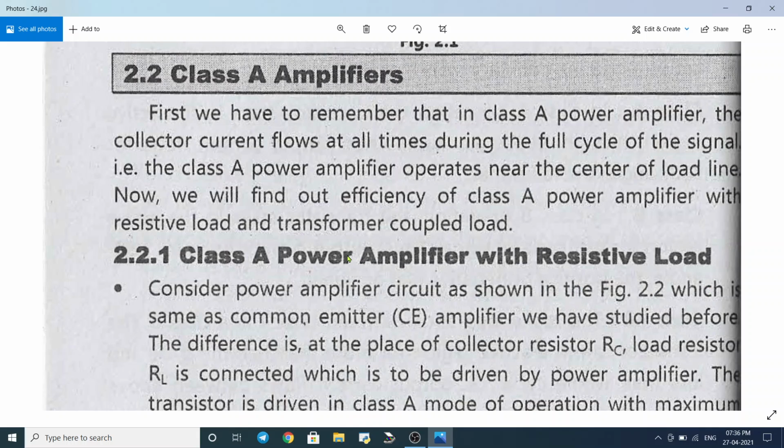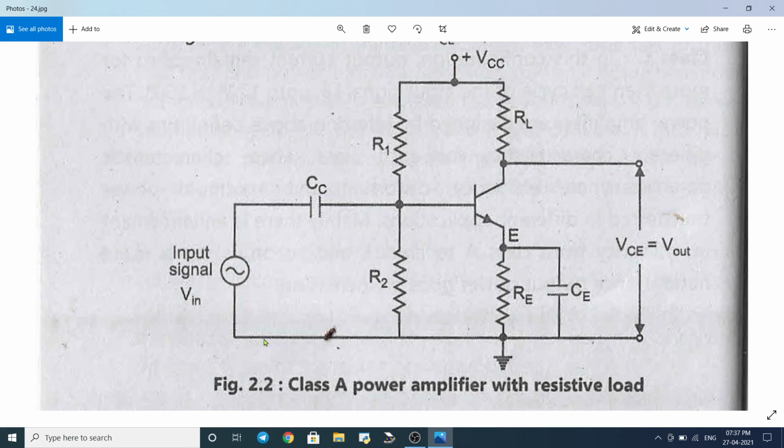This is the important power amplifier circuit we want to study and analyze, the class A power amplifier with resistive load circuit. This is the circuit diagram.